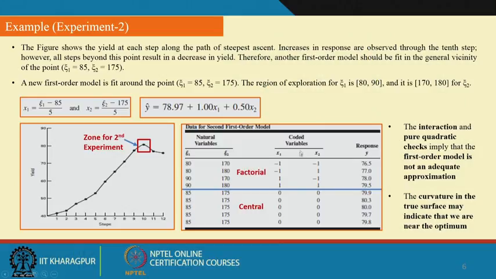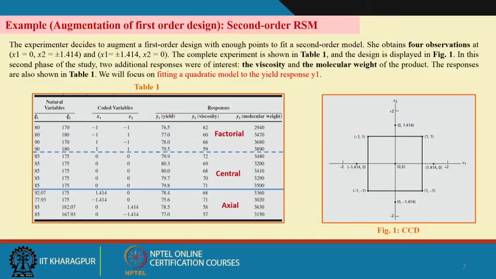You just repeat the same procedure, and you will find that the pure quadratic and interaction effects are significant, and as a result the first order model will not work. The curvature in the true surface may indicate that we are near the optimum, as the curvature is here. So you require a second order response surface.